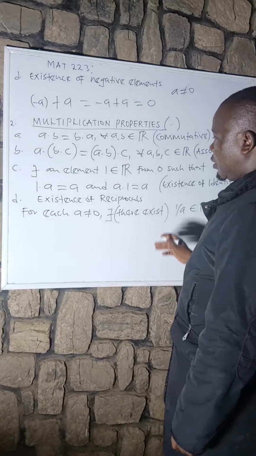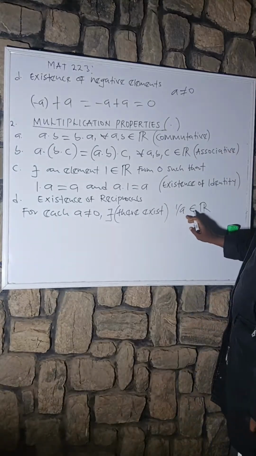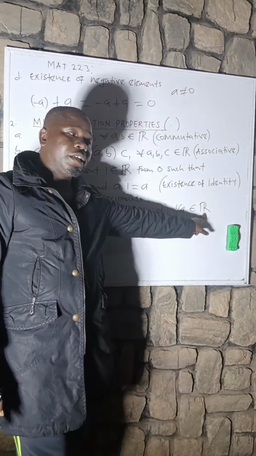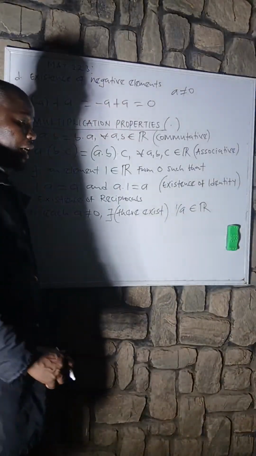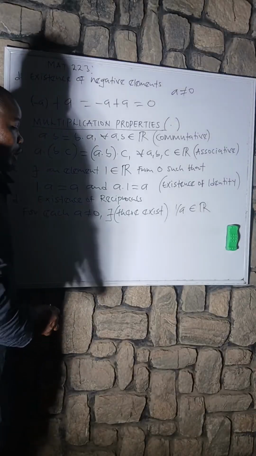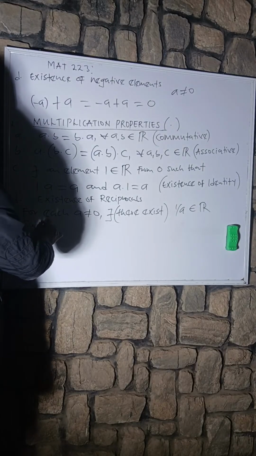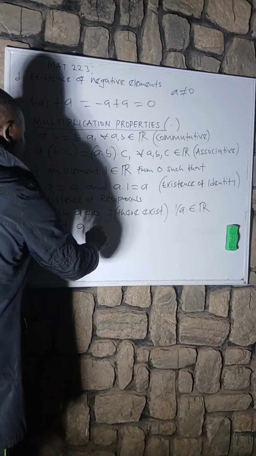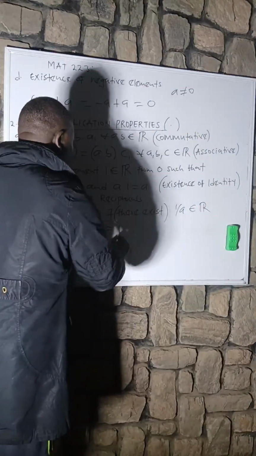Okay, for each A not equal to 0, there exists 1 all over A contained in the real numbers. True or false? So this implies that if A is not equal to 0, then A dot 1 all over A will give you the identity, 1.